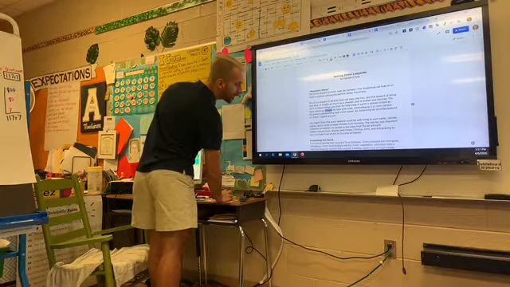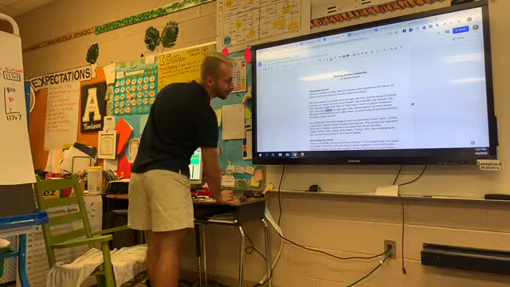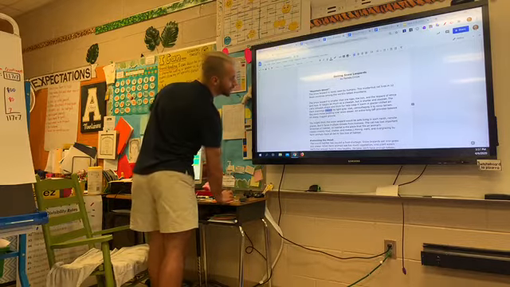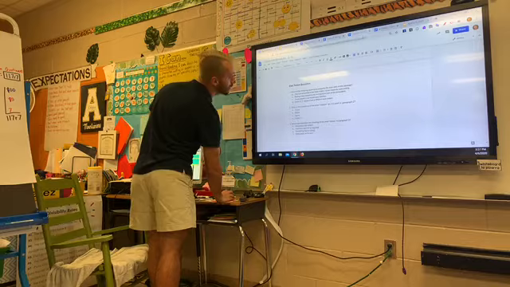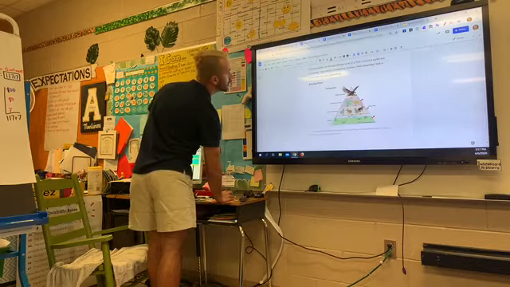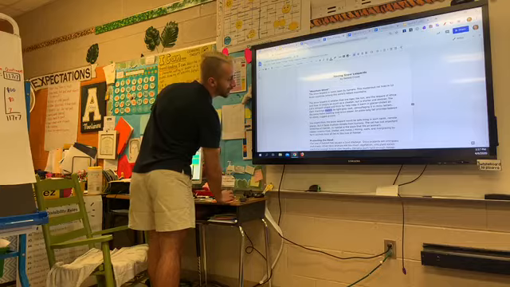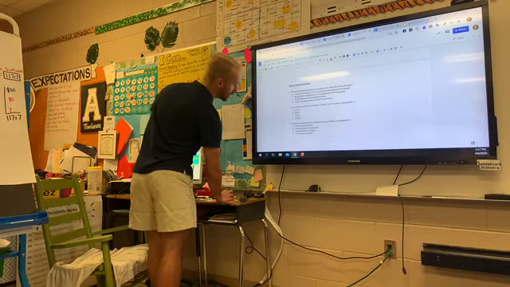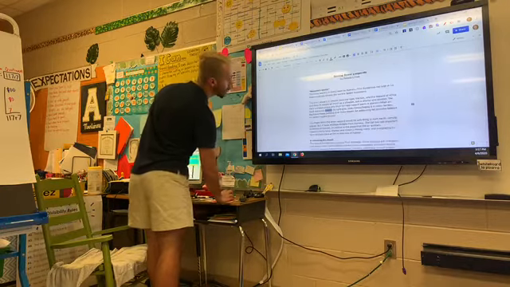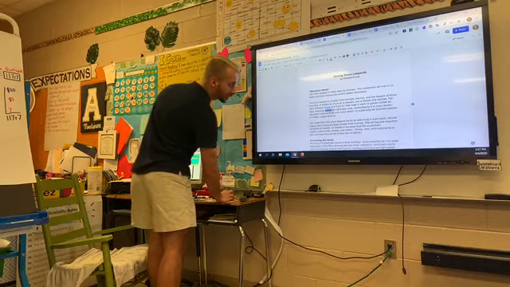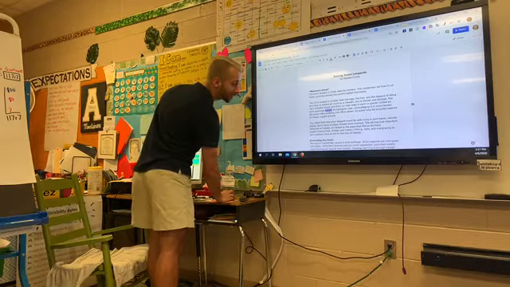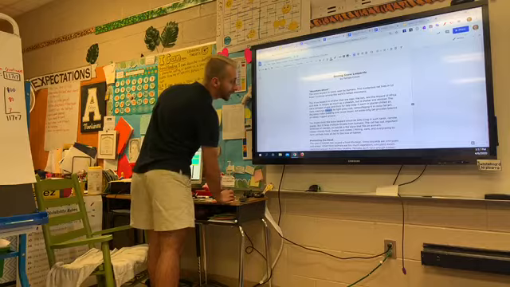Dark markings block its light gray coat, camouflaging it. No, I wouldn't say that one. Let's go to the next one. Spots. Dark markings spots its light gray coat. Nope, I wouldn't say that one. I would say reflect. Dark markings reflect its light gray coat, camouflaging it in the rocky terrain.